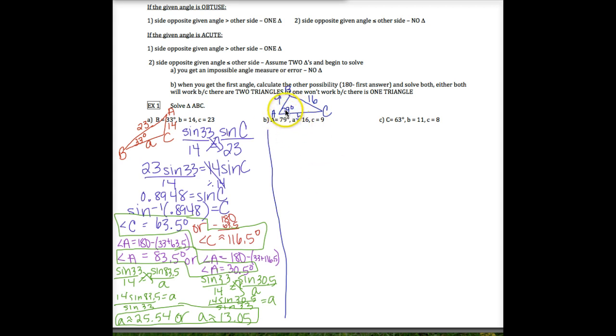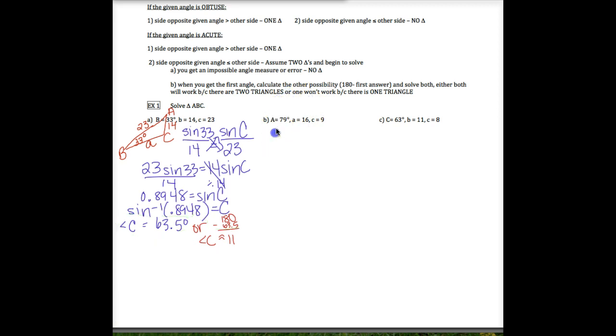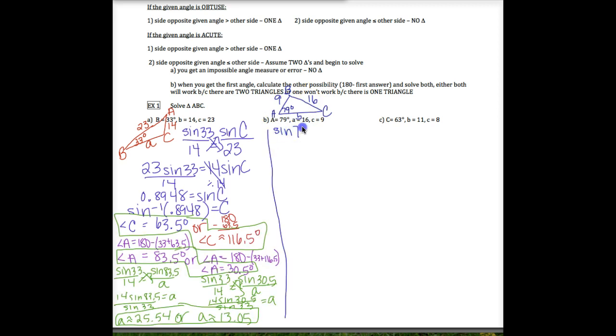All right, so let's set it up. Law of sines, so angle and the side that are paired together, start it. So sine of 79 over 16 equals, I have another side. This is a side-side-angle. So the 9 goes on the bottom, that's side C, so angle C is what goes here.